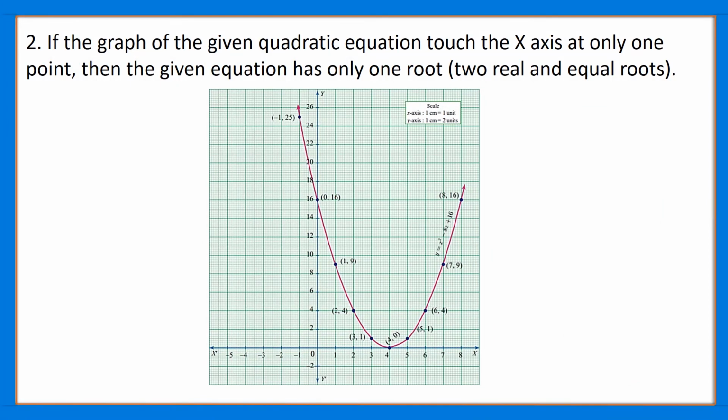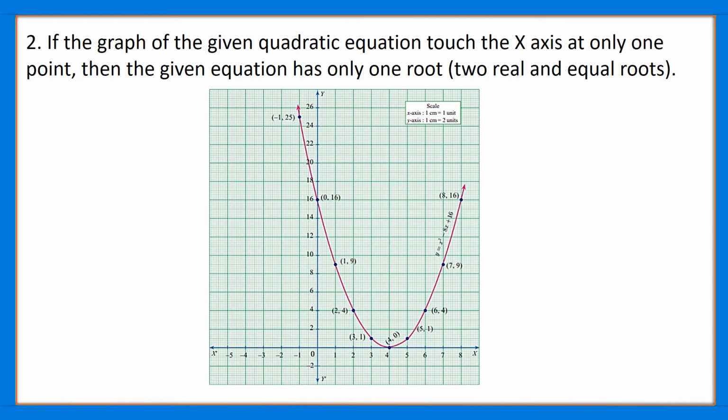What happens if the graph of the quadratic equation intersects the x-axis at only one point? Okay, let us take an example. For the quadratic equation y is equal to x square minus 8x plus 16, the graph of this function will look like a parabola which intersects the x-axis at only one particular point, 4, 0.